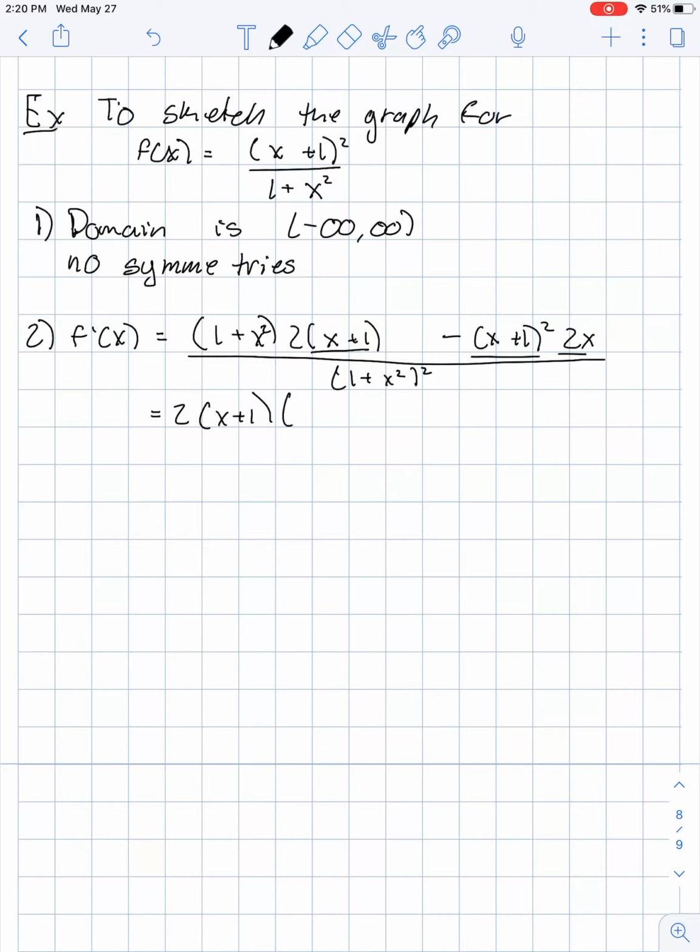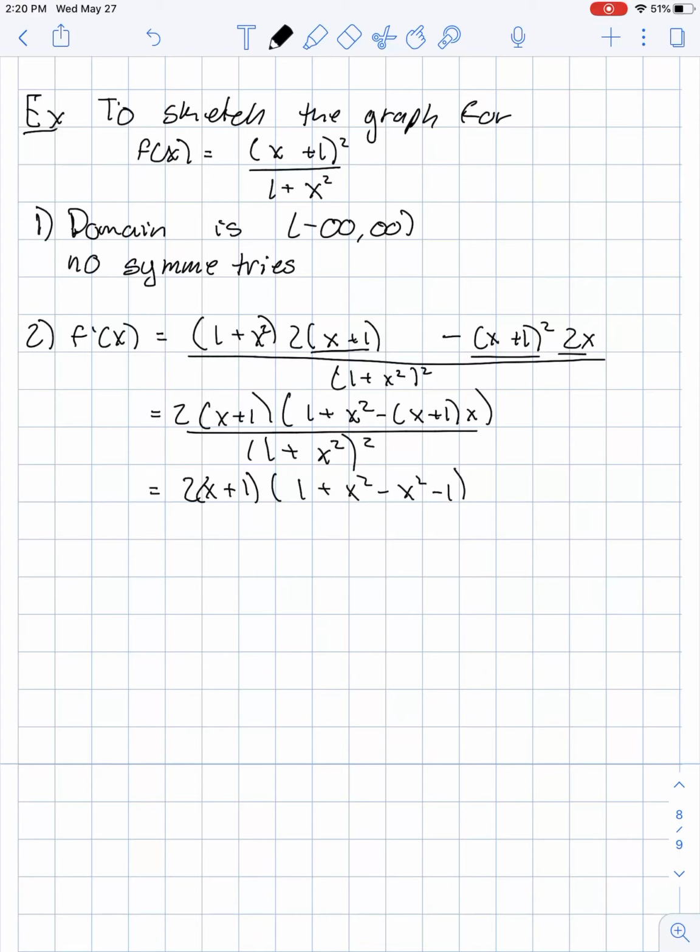And that left me with 1 plus x squared minus x plus 1 times x, and all over 1 plus x squared, that quantity squared. 2x plus 1 times 1 plus x squared minus x squared minus 1.